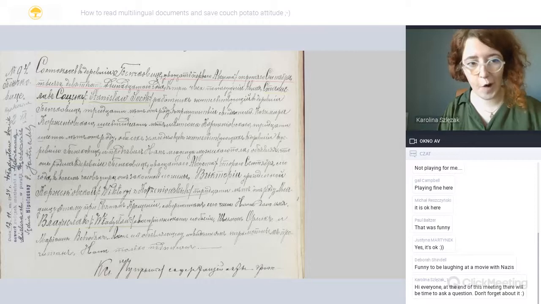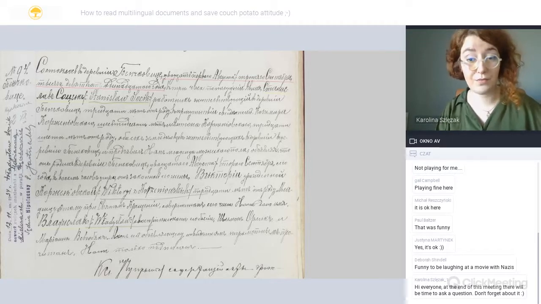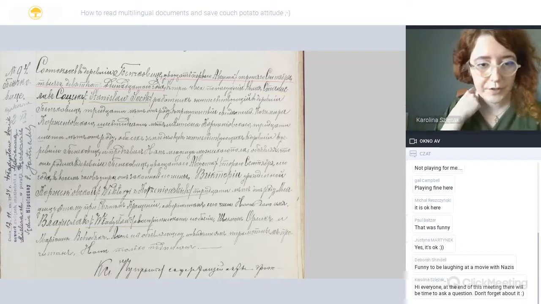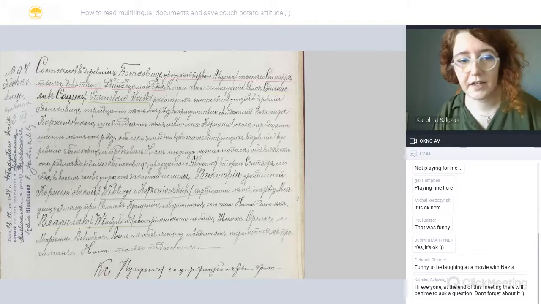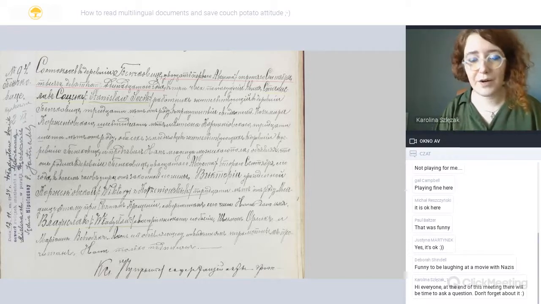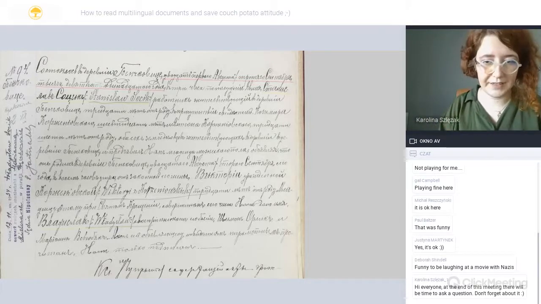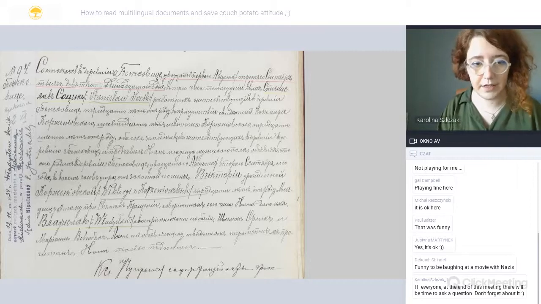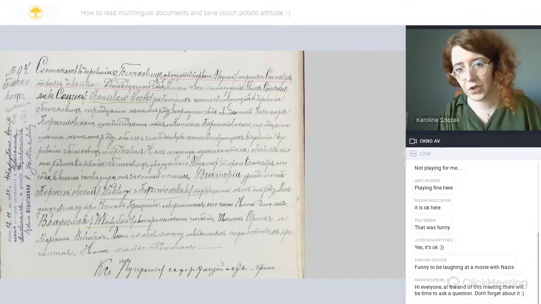So here at the top, we are just looking for the name of the person who's reporting such an event. Then we read here in the middle who's more involved in this situation. Here we can read that this is Wiktoria Skorzeniowskich.